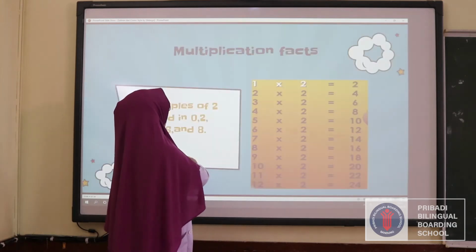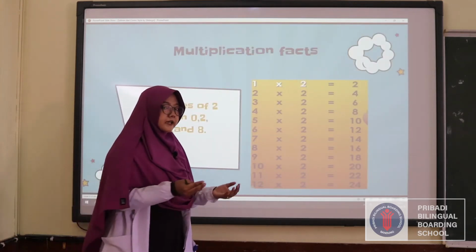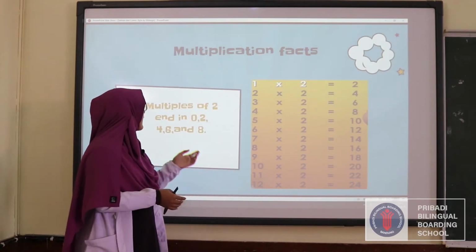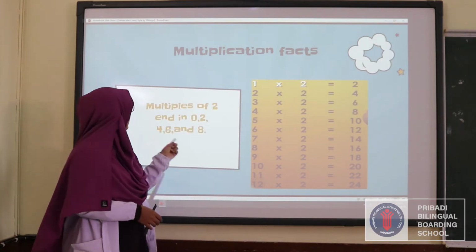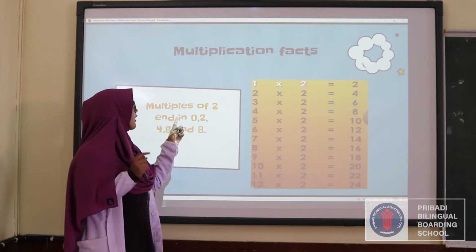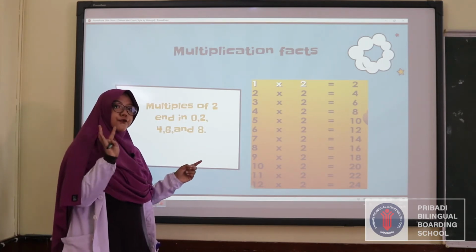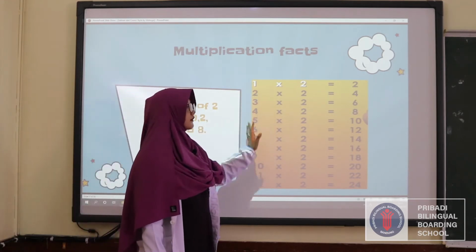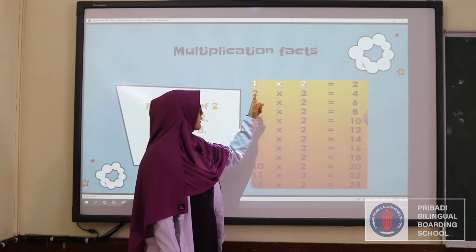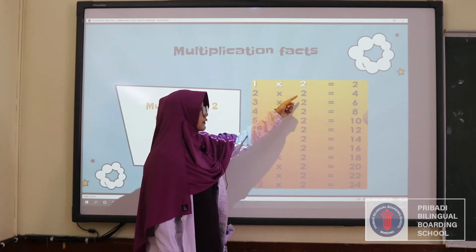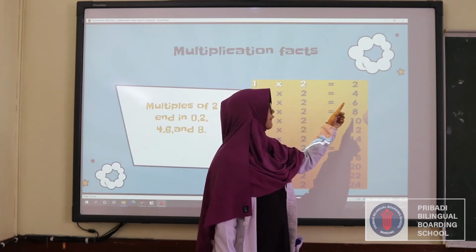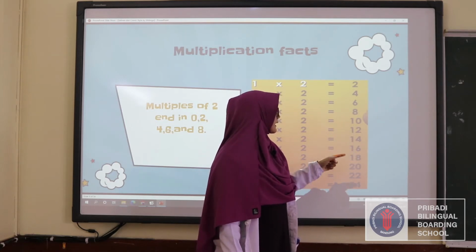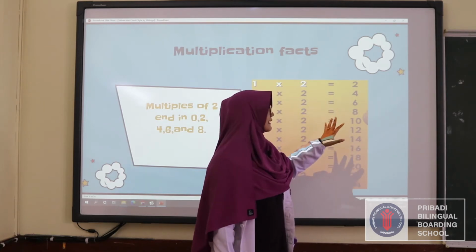Now, there are so many multiplication facts that you need to know. For example, multiples of 2 will end in 0, 2, 4, 6, and 8. As you can see here, I have a figure, some numbers multiplied by 2 will end in 2, 4, 6, 8, and 0, and so on like that. So this one is the pattern.